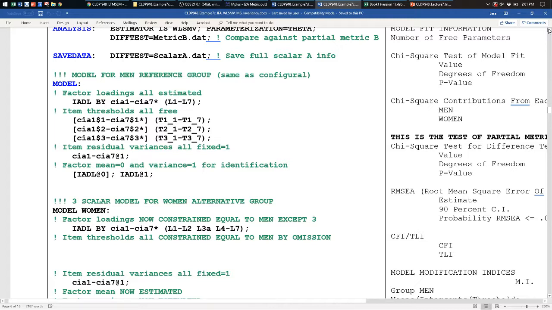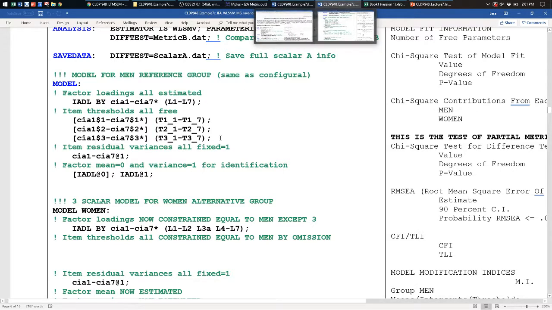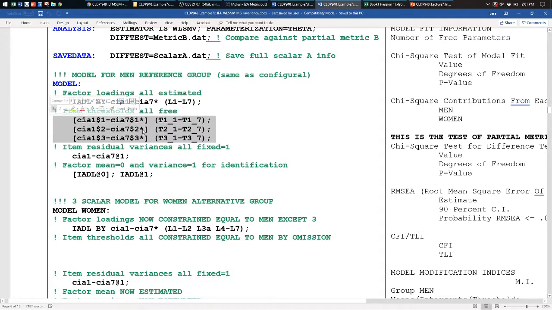When I want to have thresholds differ between groups, then I have to write them and refer to them. So right here, I'm labeling my thresholds for men. And I don't even actually need the labels so far. That's a default. If I do nothing, it estimates all possible thresholds.